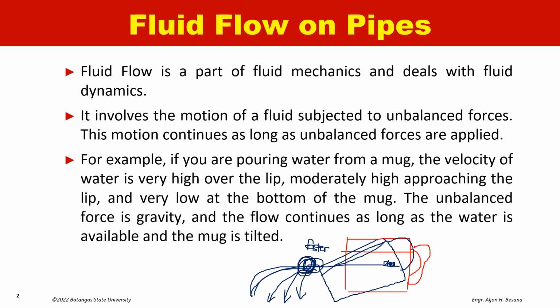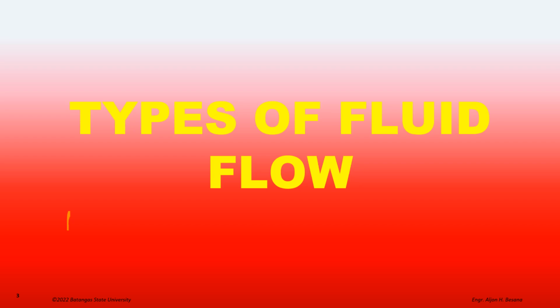Pouring water from a mug, the velocity of the water is very high at this point, moderately high approaching the lip, and very low at the bottom of the mug. The unbalanced force is gravity. So again, there is something external that is causing the fluid to flow, and that external force is gravity, or the tilt that we provided with the mug.